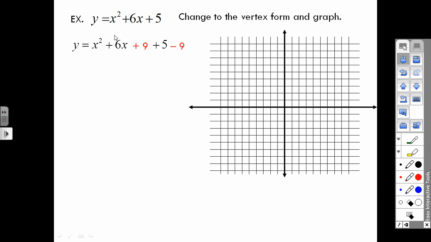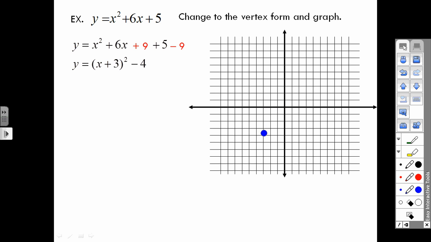For these 3, this is my perfect square trinomial. I factor that as x plus 3 quantity squared, and then I add the 5 and the negative 9 to get negative 4, and there is my vertex at negative 3, negative 4.